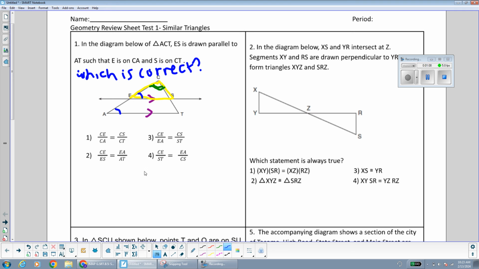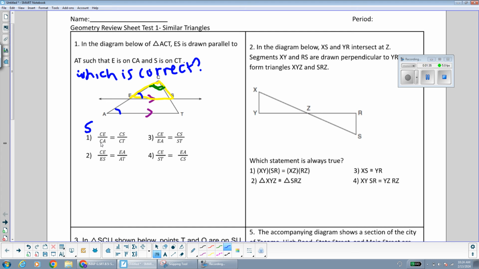So now we're all set to pick which proportion is correct. So we have to make sure that when we are looking for the correct proportion, that we end up picking a proportion that uses sides from the triangles, because the triangles are what's similar. So it's got to be the corresponding sides from the triangles that are in the proportion. So in number one, we have CE, which is from the small triangle.